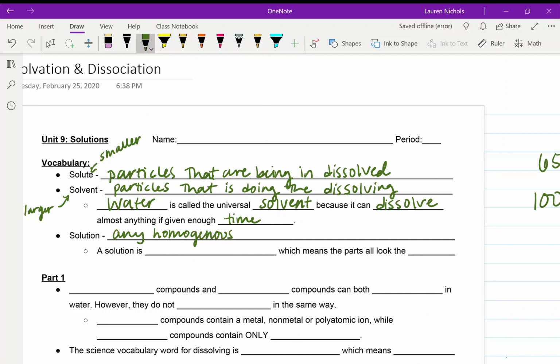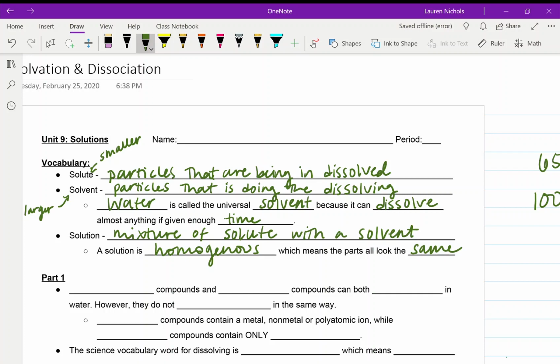I'm actually going to put that at the bottom, saying that a solution is homogeneous, meaning that all the parts look the same, but it's a mixture of the solute with a solvent.